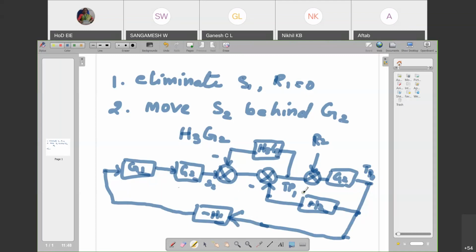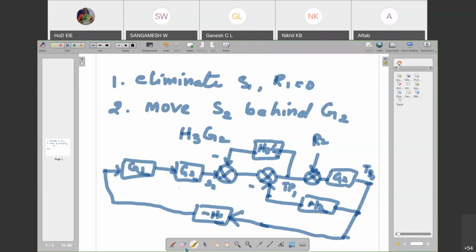So S2 behind G2 has been done. Then you could see that G1, G2 and minus this H1 are in cascade. So let us go for step 3. Hope this is clear.